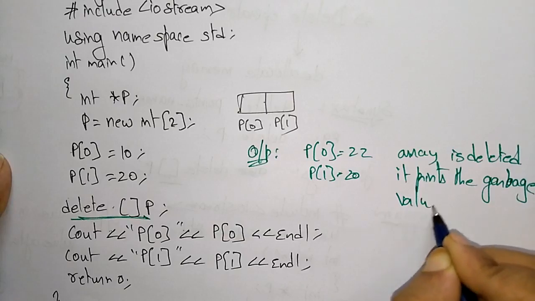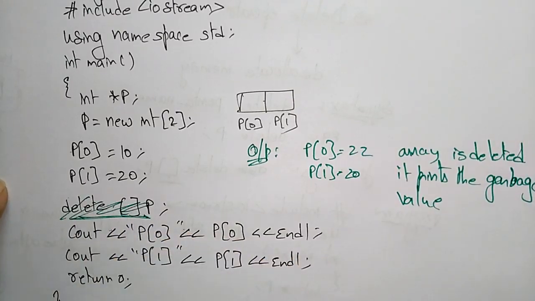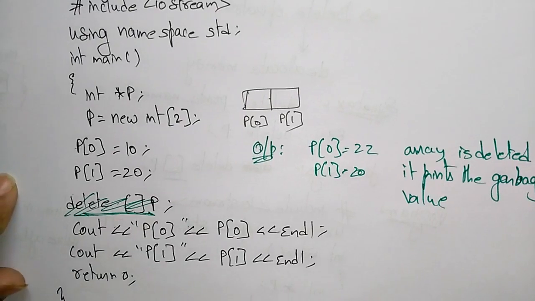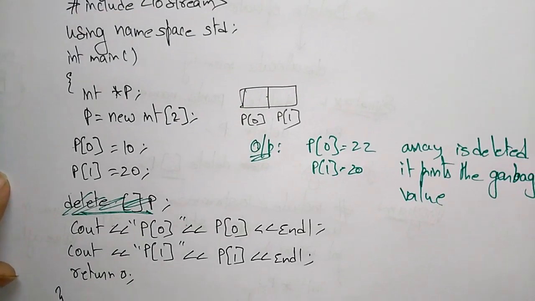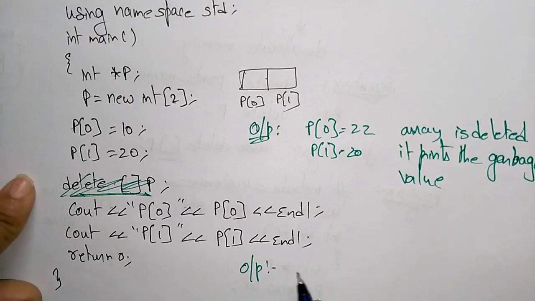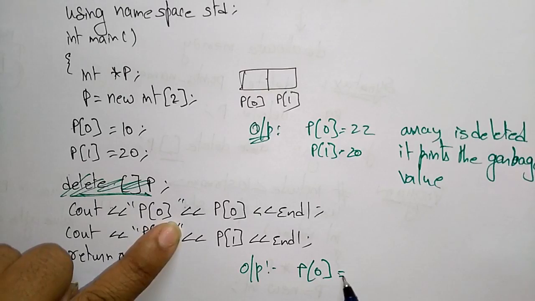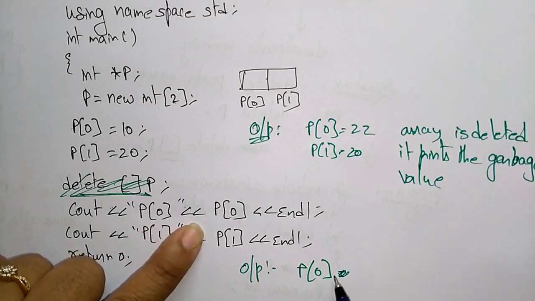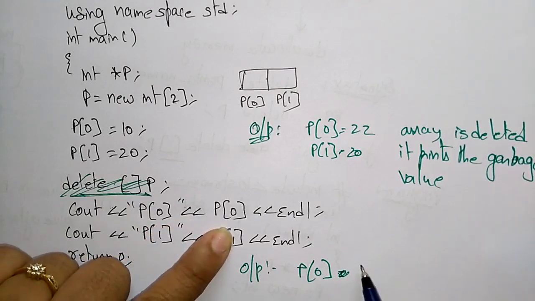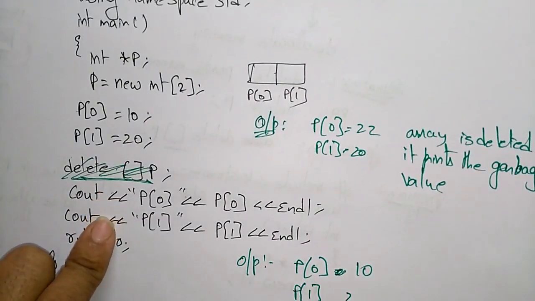Suppose you didn't write this statement, if you didn't delete the array location, then the output is p[0] is 10, p[1] is 20.